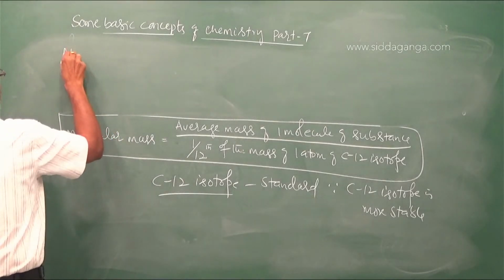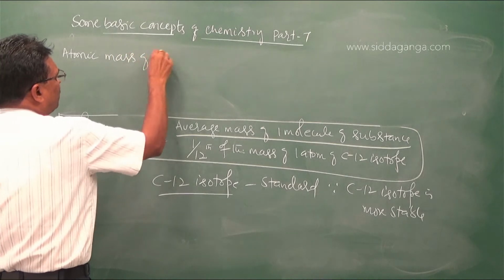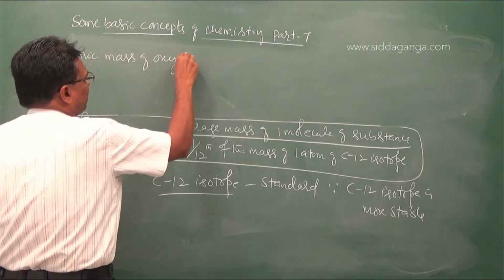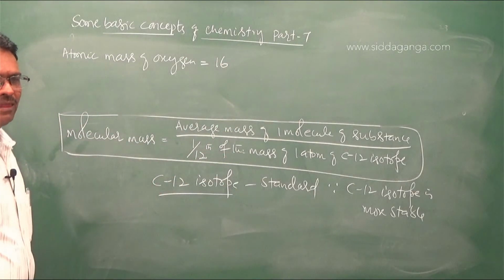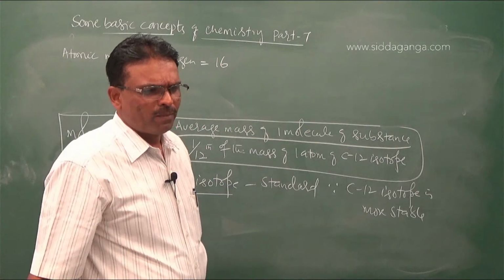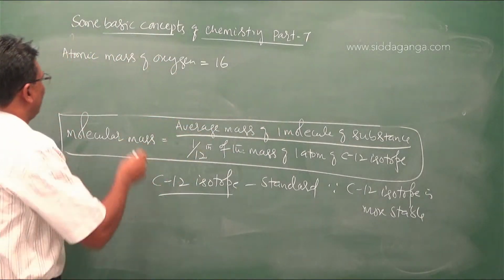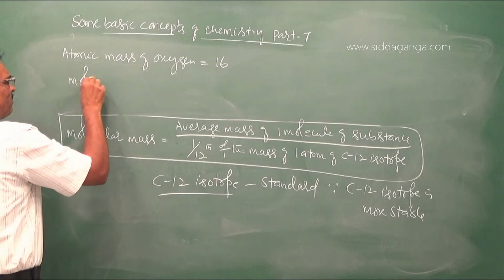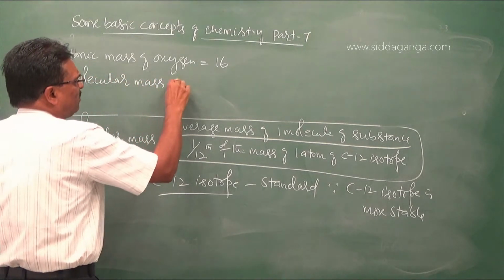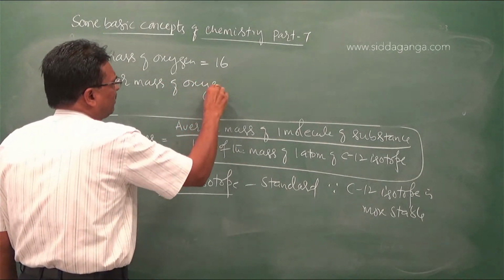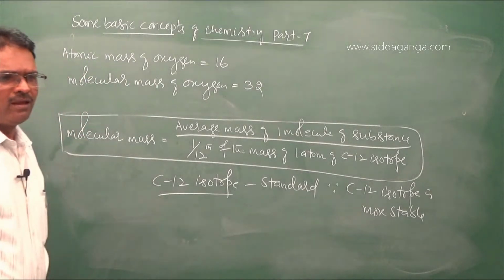So look here, atomic mass of oxygen is equal to 16. Atomic mass of oxygen is 16. Molecular mass of oxygen is equal to 32. Clear?